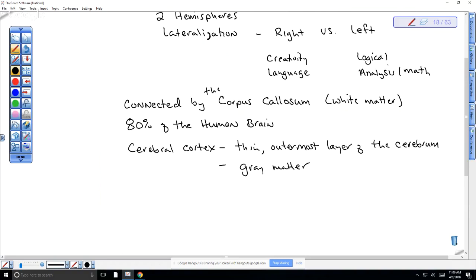So therefore, it is nerve cell bodies. Weirdly, our nerve cell bodies are on the outer part of our cerebrum, and then their axons extend down into the middle part of the cerebrum, which is considered white matter. There are some nuclei, however, in the brain where we have aggregations of those nerve cell bodies outside of the cerebral cortex.